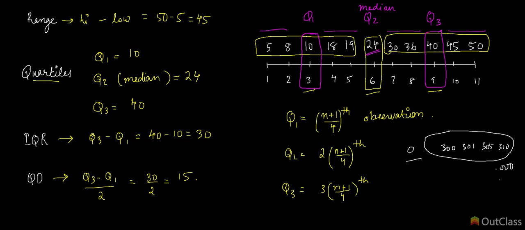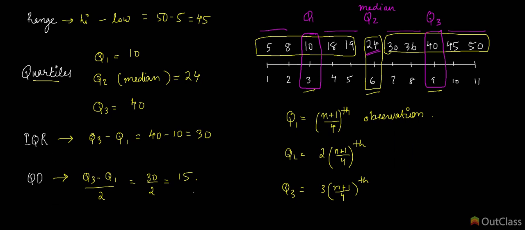A couple of very low outliers, a couple of very high outliers. These will not be reflected in your IQR basically. That is the whole point of it. Now you can replace the 0 with a minus 10,000. You can replace the 1,000 with a 1 million. It really doesn't change the IQR at all. That is the idea. Getting rid of outliers which are not representative of the set of observations as a whole. That's the point. So that's range, quartile, IQR, QD.